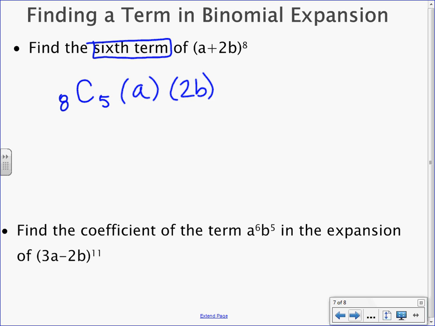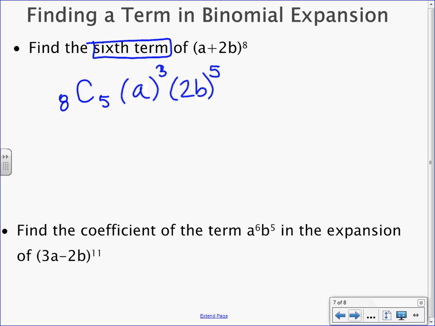Which one matches this 5? The second one. So 2b is to the 5th, which means a has to be to the what? Third, because I kind of forgot to point this out.